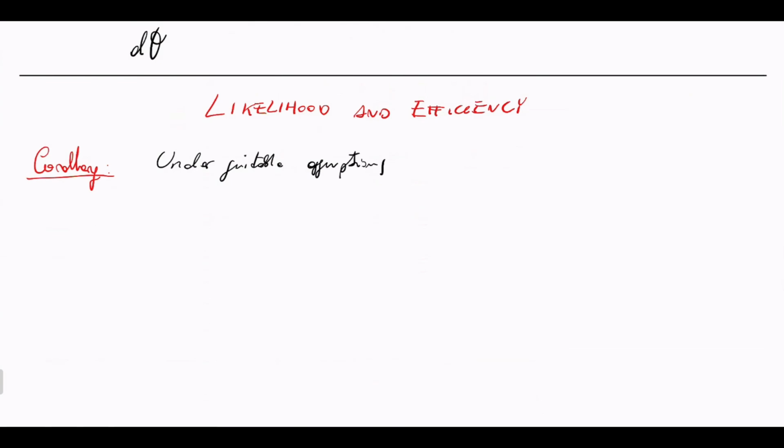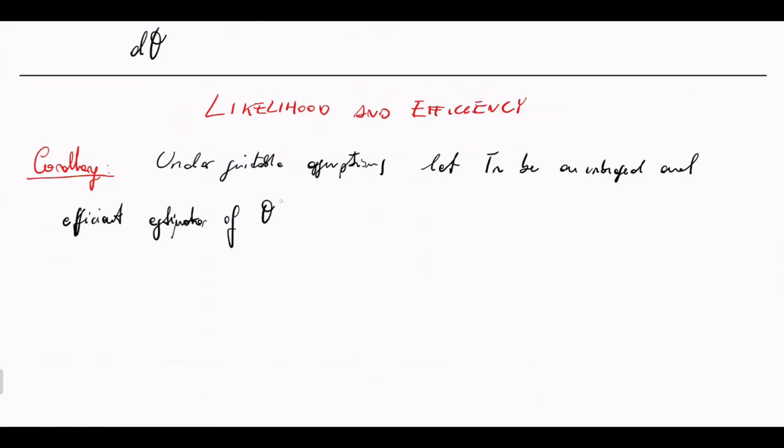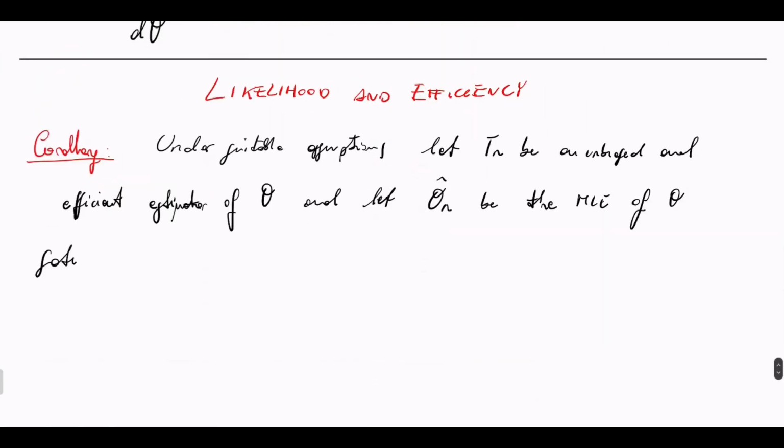forgive my poor writing, under suitable assumptions, let Tn be an unbiased and efficient estimator of theta, hence you can reach the Cramér-Rao limit, and let theta hat be the MLE of theta, satisfying the score function equal to 0.